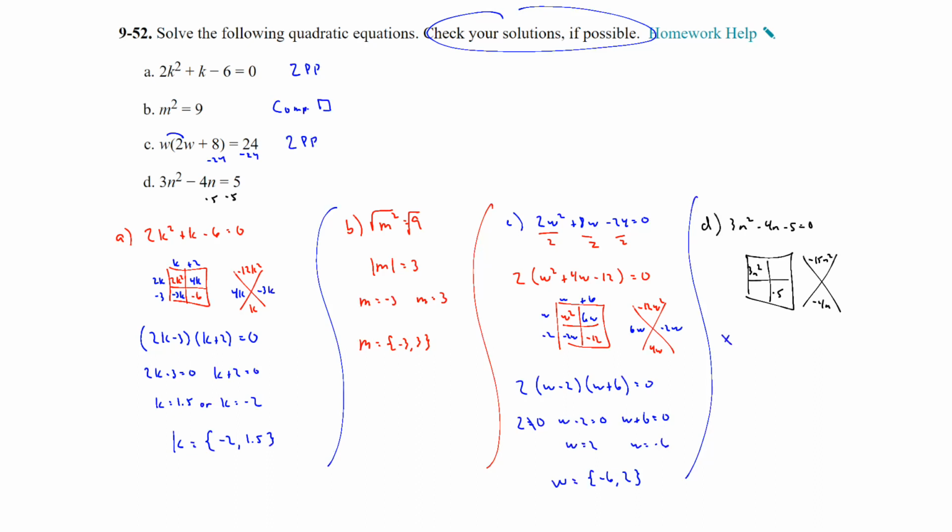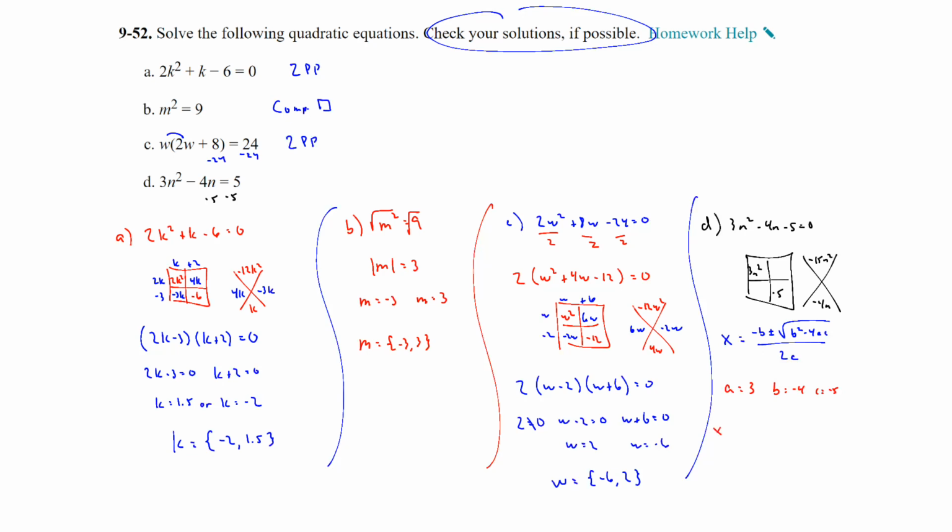So remember, the quadratic formula is x equals the opposite of b plus or minus the square root of b squared minus 4ac all over 2a. Let's identify what a, b, and c are. A is the coefficient of n squared, b is the coefficient of n, and c is the constant. Now we can take those values and plug them into the quadratic formula.